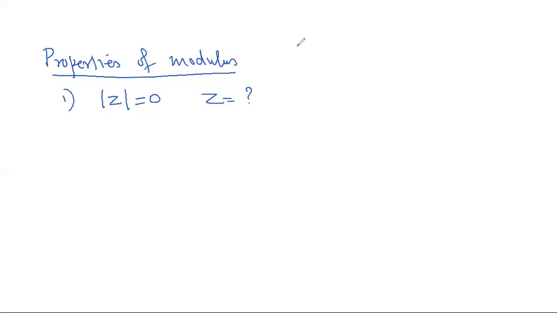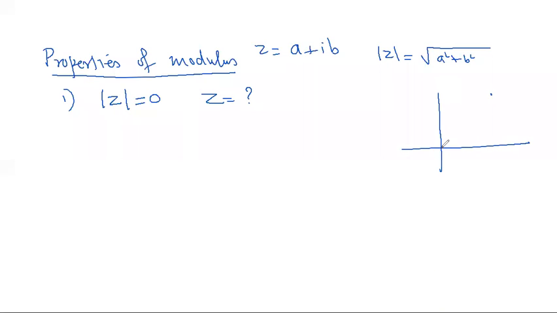Which means if z is a plus ib, modulus of z is root of a square plus b square, which means modulus stands for distance from the origin. If modulus is 0, the distance from the origin is 0.